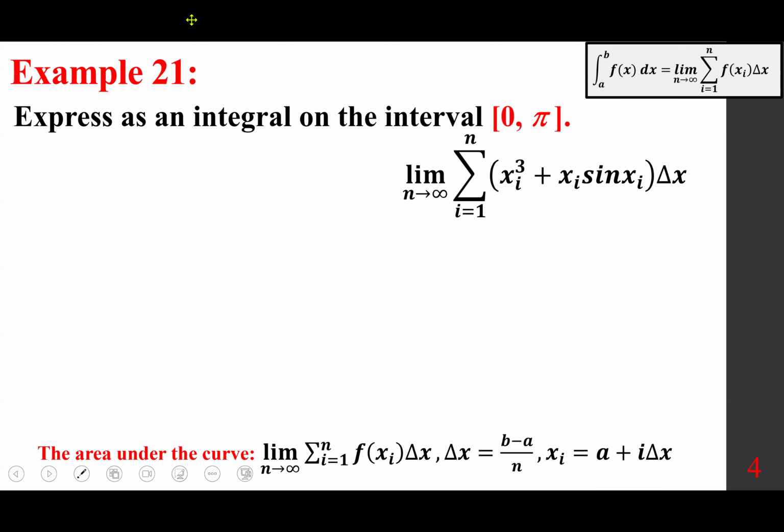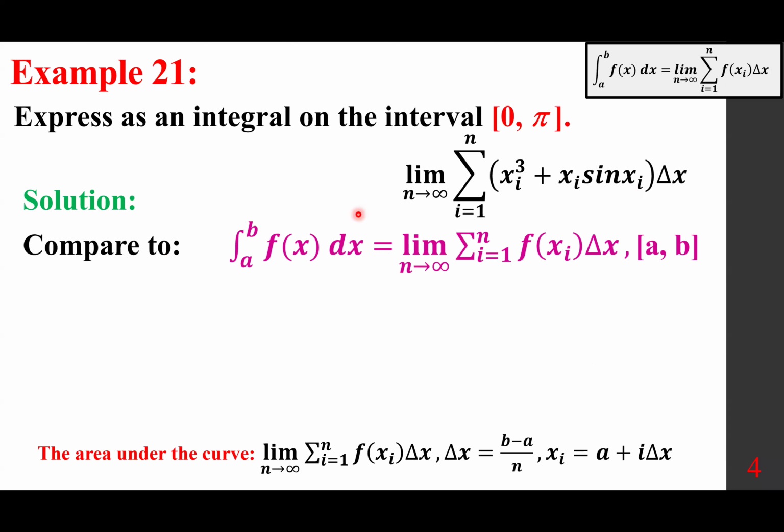All right, so let's look at this example to be expressed as an integral on the interval from 0 to pi: the limit as n approaches infinity of the summation, i going from 1 to n, of x sub i cubed plus x sub i sine of x sub i, delta x. So let's compare it.